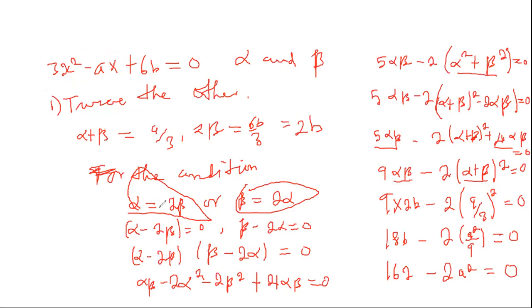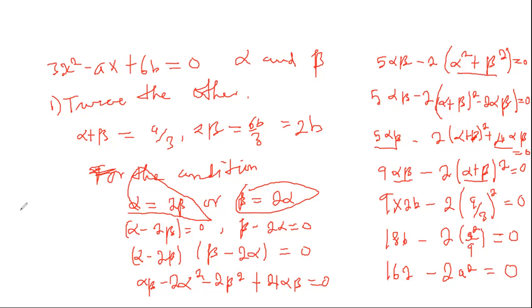So you mean if they say it is the square of the other, you start from here. Okay, if one root is the square of the other, then on beta it would have squared, and on alpha it would have squared.